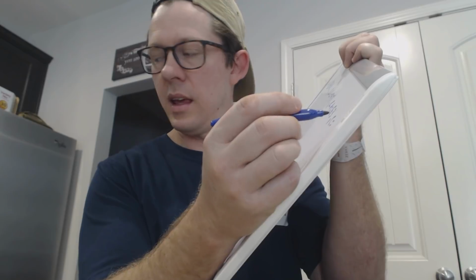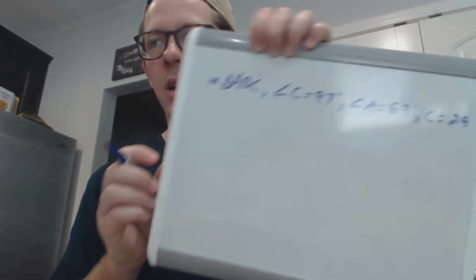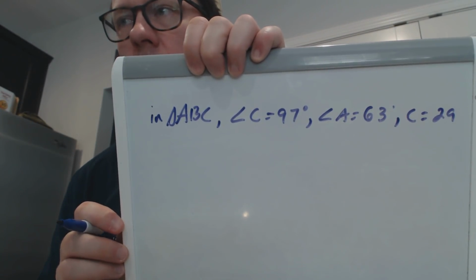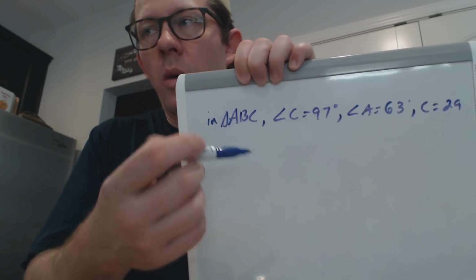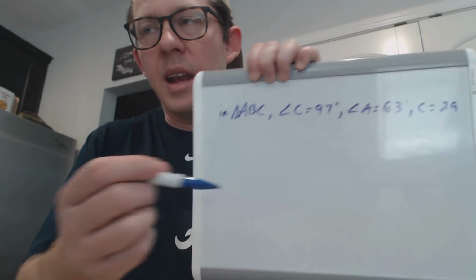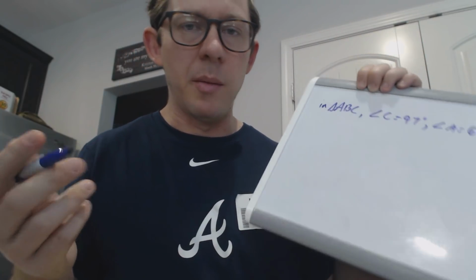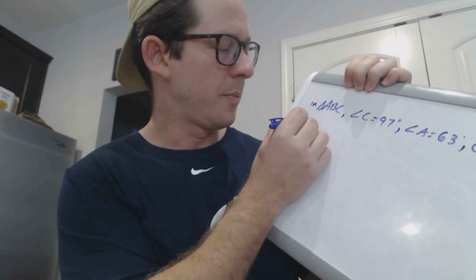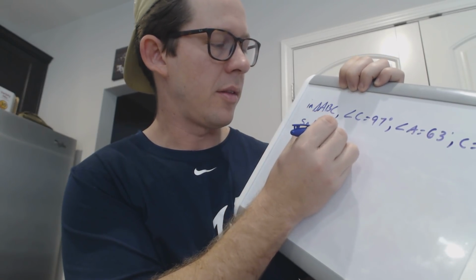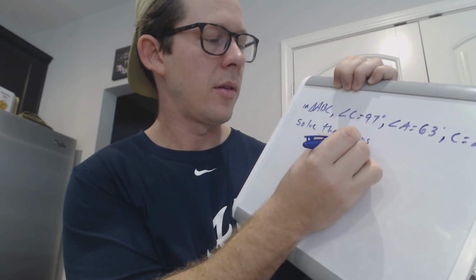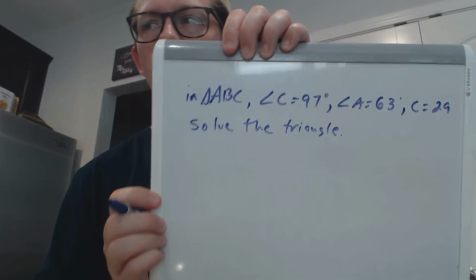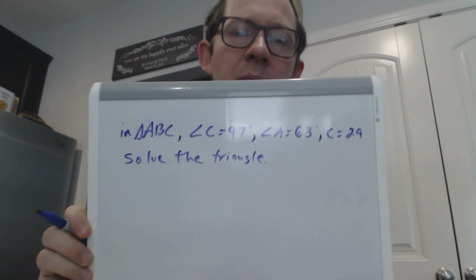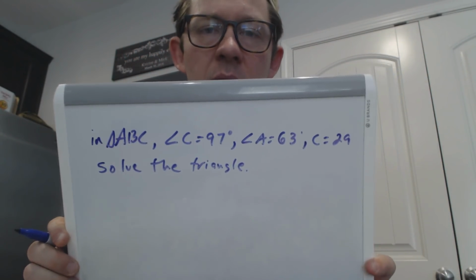And let's say side C is 29. Okay. Now, I've given you two angles and a side. Now, I need to draw this to truly see it, but basically, here's what we're going to do. Triangle ABC, this is what we have, and the directions will be solve the triangle. Now, when they say solve the triangle, what they mean is they want everything that's missing found.